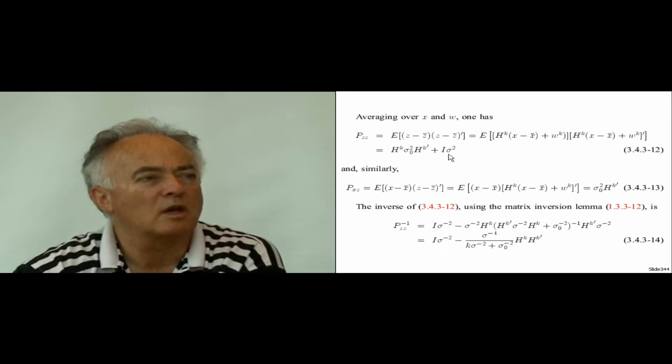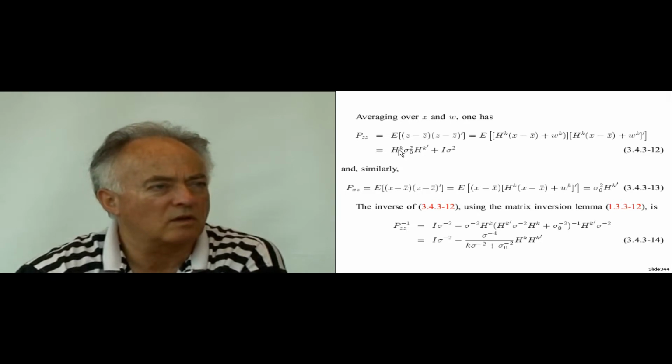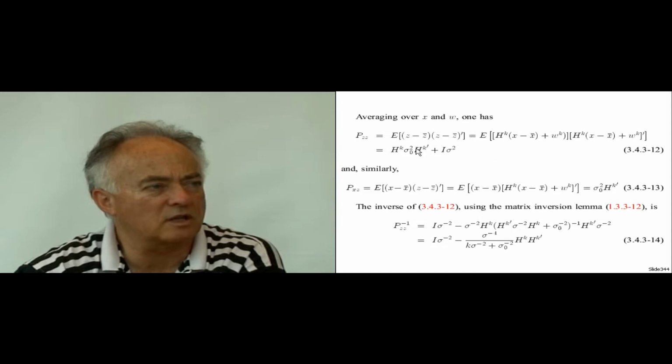That gives me HK, this is an identity matrix that I don't have to write down here, X minus X bar, sigma 0 square HK transpose plus I. Now with I, there's a K by K identity matrix times sigma square. So it's a HK X minus X bar times itself, with X bar being X being a scalar. Really, this is just a scalar here. So there's a H scalar H transpose.